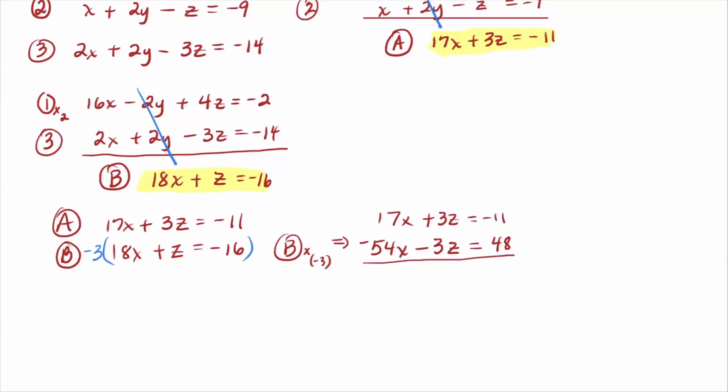So now I have the z's with opposite coefficients. So then I can zero those out and then bring down the 17x and the minus 54x. So when we add those two, 17 minus 54, that's a negative 37x equals now positive 37.